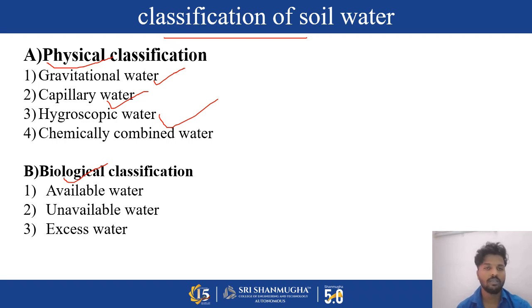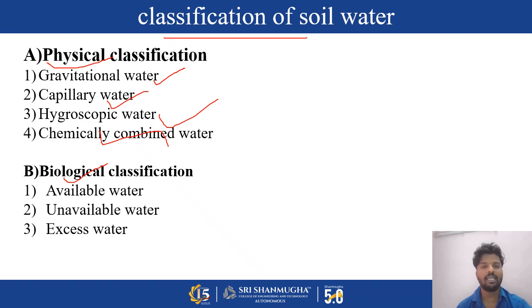The next one is chemically combined water. This is water that is part of mineral structures or hydrated oxides, released only on heating to high temperature.